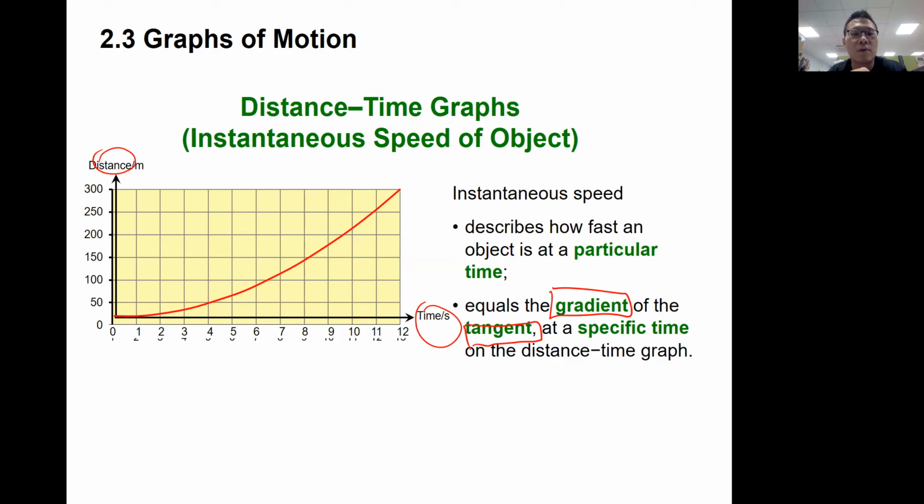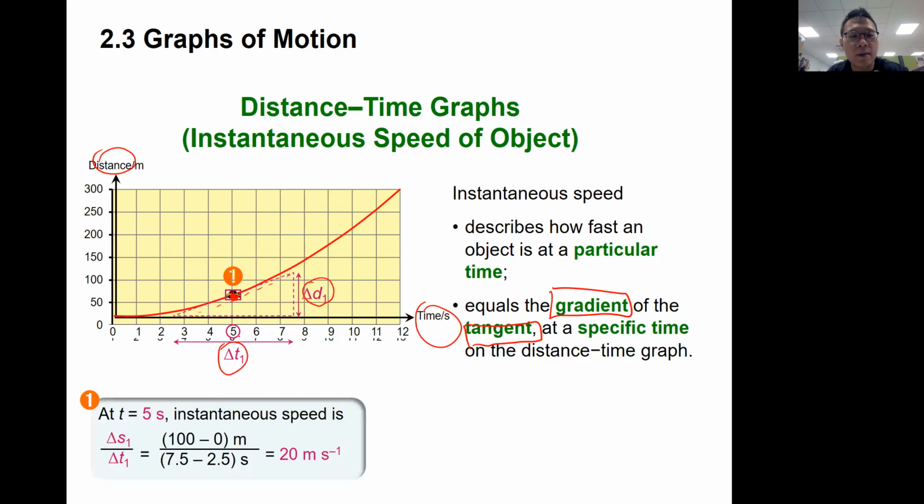How does it work? I'll look at a particular point, let's say 5 seconds. I will draw a tangent, which is this dotted line here. You look at the change in distance over change in time. This will tell me the speed of the object at this particular timing, 5 seconds.